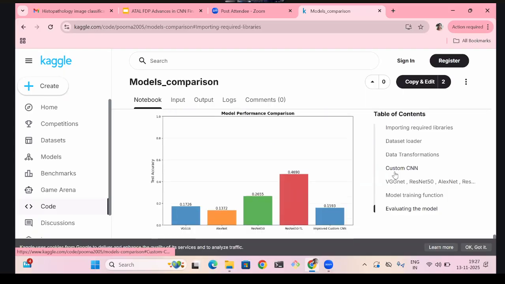So this is the comparison of model performance.